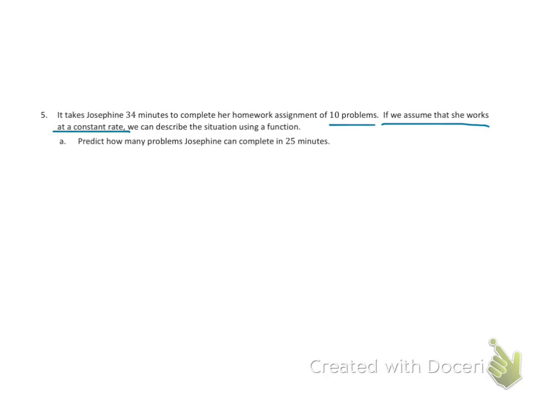All right, so a reasonable estimate would have to be something less than 10 problems because she takes 34 minutes to do 10, so she's not going to get 10 done in 25 minutes. So somewhere in that ballpark would be a reasonable prediction.